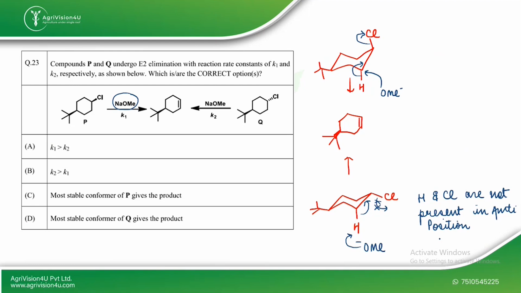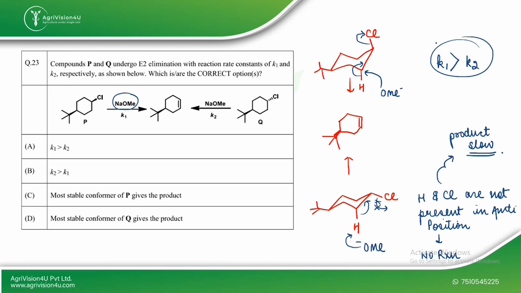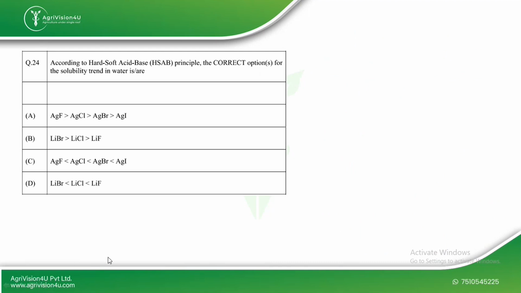Since they are not in the anti position, no reaction will take place, and the product formation rate will be very slow, which means that K1 will be much faster than K2. First point, this is clear. The most stable conformer of P gives the product this. Yes, this is the correct option. So this was all.